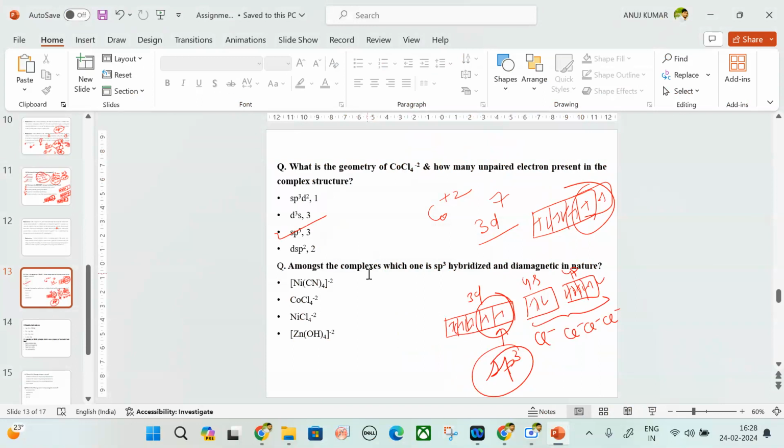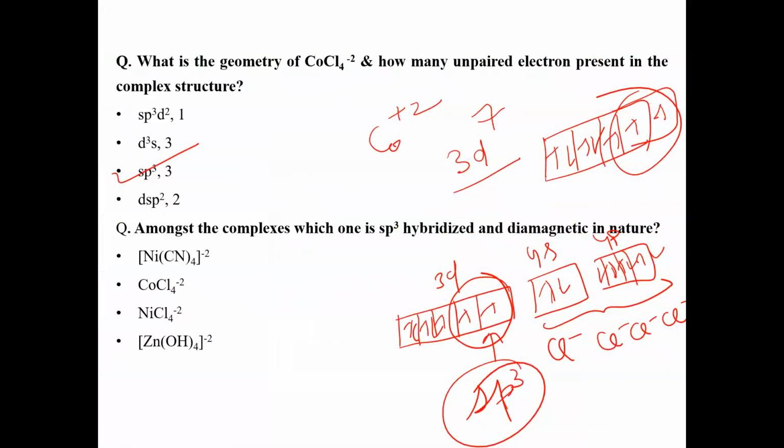And if you have any unpaired electron, you will get a paramagnetic complex. Okay. So just solve for these four and tell me the answer. Just as I have solved the previous problems, you can solve this one also.